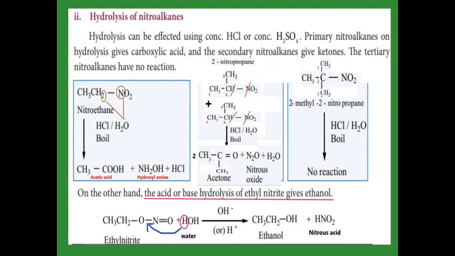That means 2 nitrogen is taken away, the 2 nitrogen is added with one of the oxygen, and the 2 hydrogen also with one of the oxygen. The remaining thing is CH3C double bond O, so we get 2 moles of acetone, and then N2O, nitrous oxide, and H2O, water.